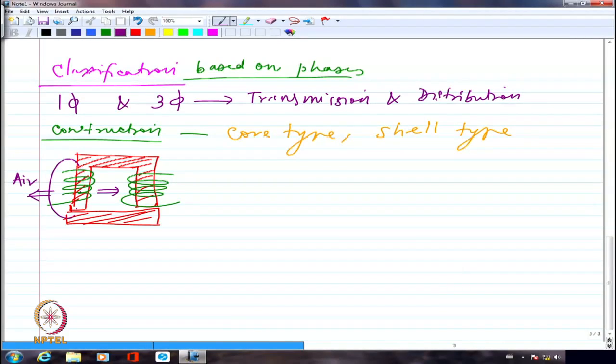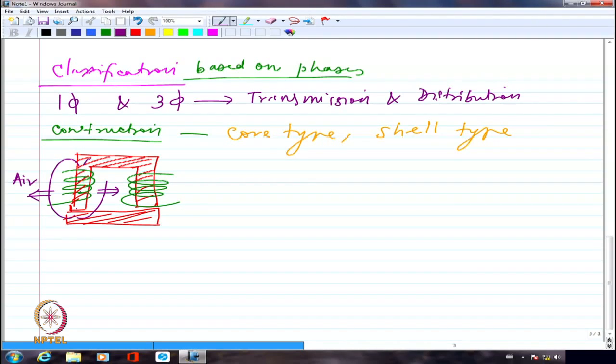On this side, I have a very, very small air path, not much of window available. But on the other side, a huge amount of air is available. So in core construction, at least on one side, the windings are surrounded by air, whereas on the other side, very closely, you are having the second limb coming up.